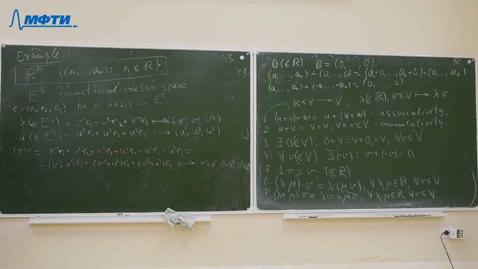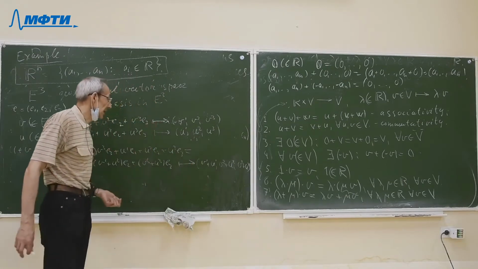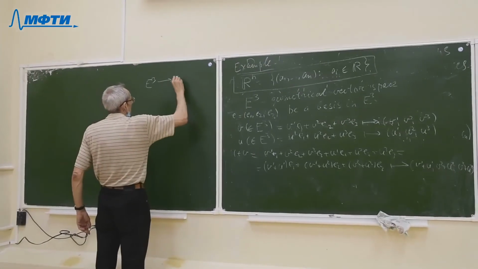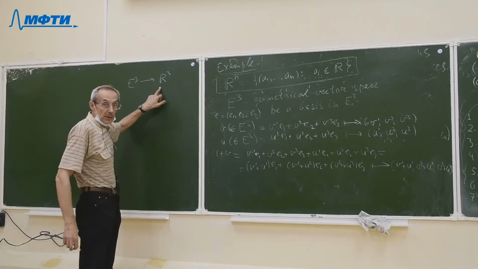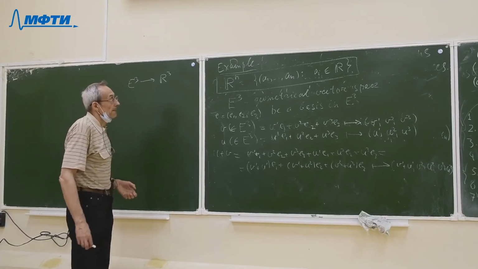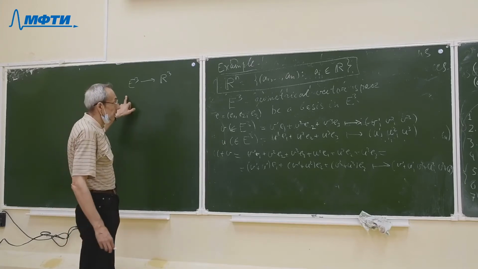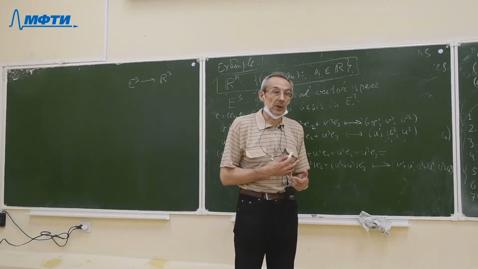And we can see that the operation of addition in the geometrical vector space induces the same operation on the coordinates, and we get a natural mapping from the geometrical vector space E3 onto the set of three-tuples of real numbers, and we obtain a so-called bijective mapping between these two sets, and this mapping preserves the algebraic operations.